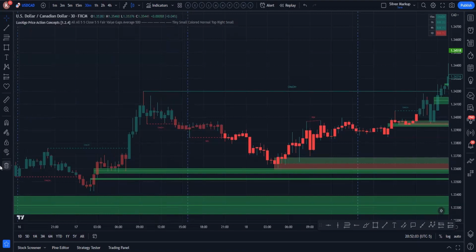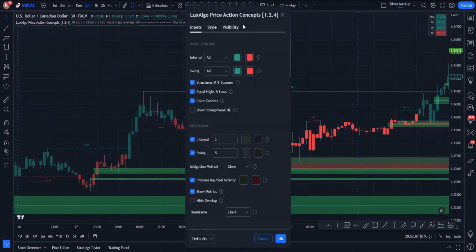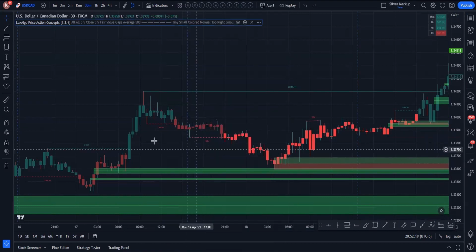This is how you set up Lux Algo price action concepts to be able to use this strategy. What you want to do is make sure that you have these three boxes checked. Definitely make sure you have the color candles checked. Now, a side note for the color candles, it may not look completely like mine if you're just on default settings.